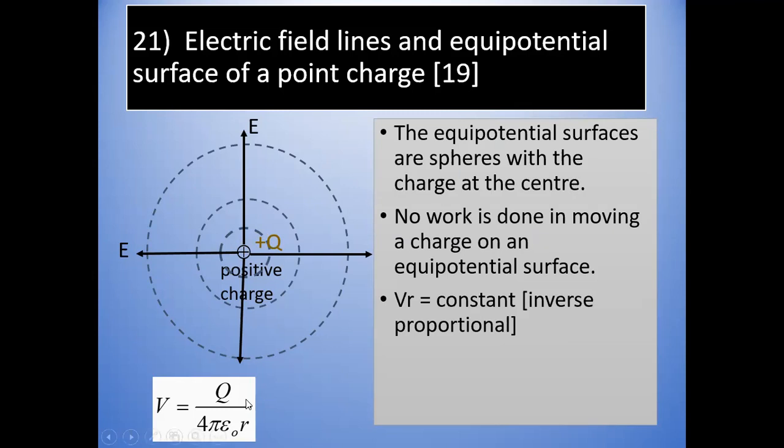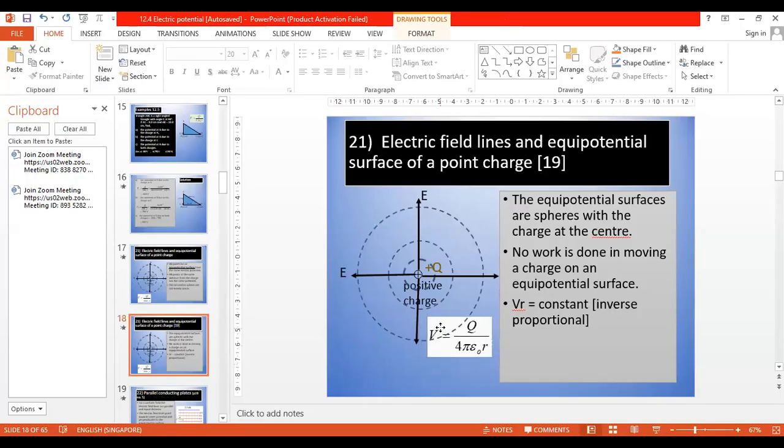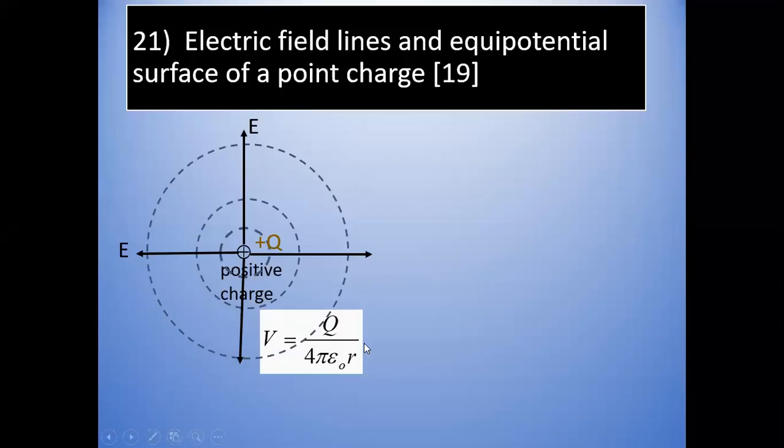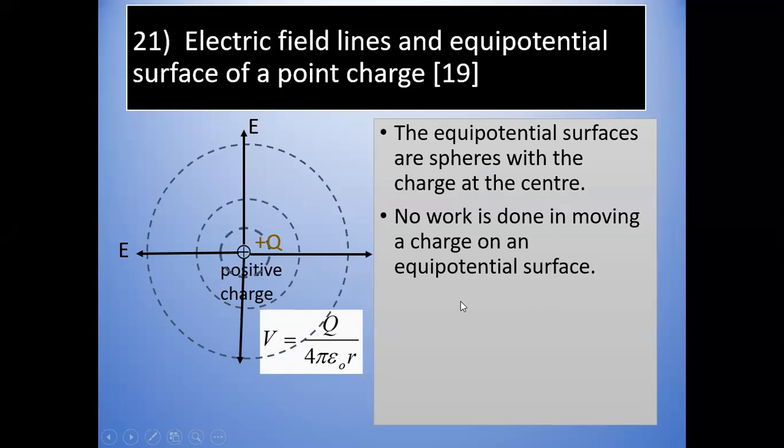And then from this formula, we can see that for all these lines, if our Q is constant and our 4 pi epsilon naught is constant, then V times R is constant. V and R are inversely proportional.